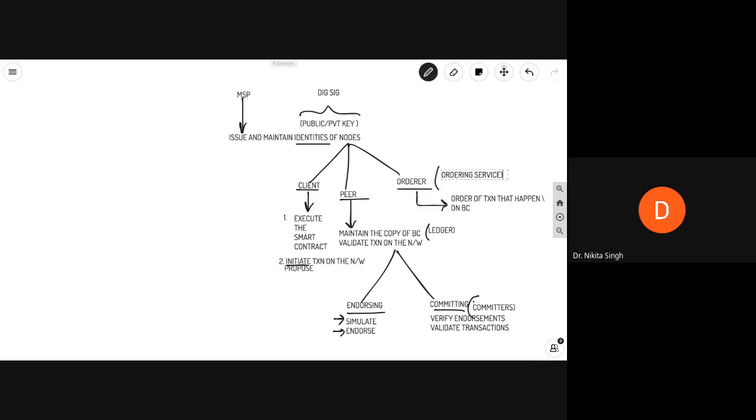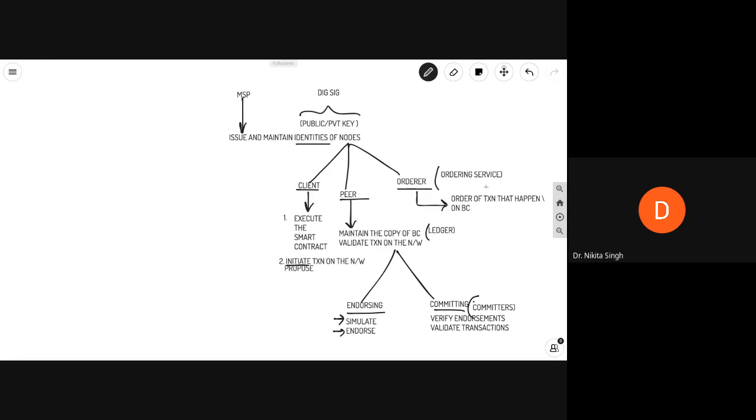Endorsers will simulate and endorse the transactions. Committers, or the committing peers, will verify those endorsements and validate the transactions prior to committing them to the blockchain. And then we have the orderer that has the ordering service.